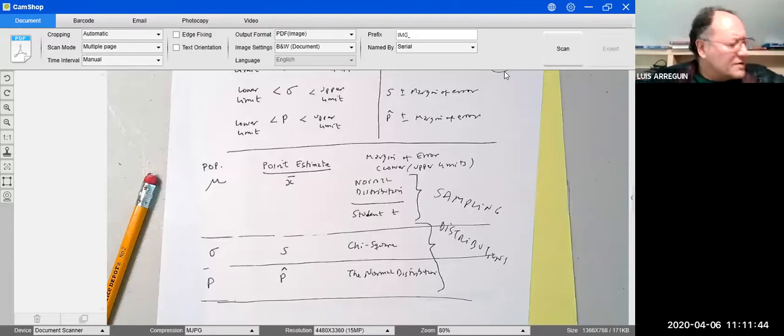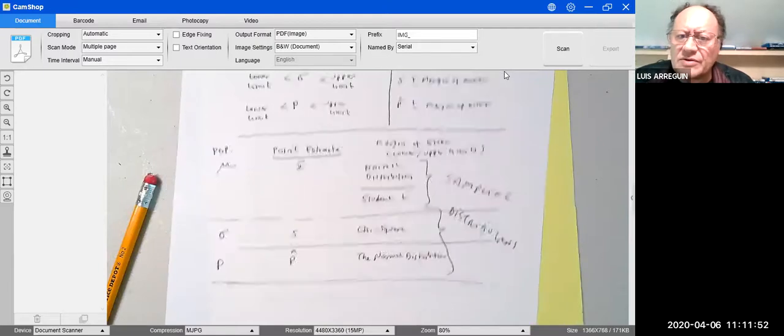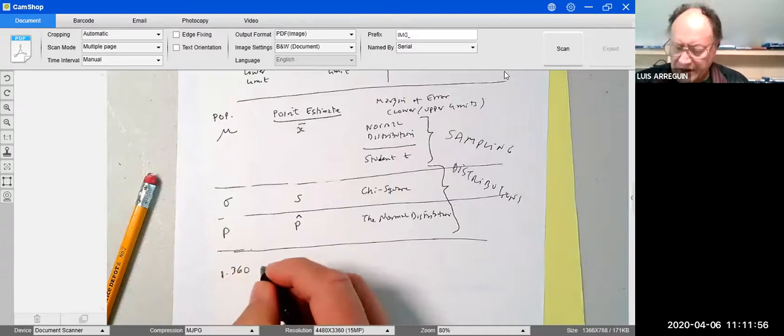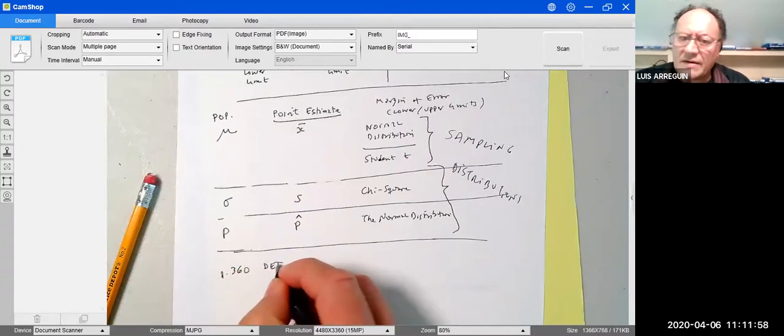So we're going to have some terminology, as I mentioned before. Basically, we're going to start talking about a confidence interval. Let me write the definitions. On page 360, we have the following definitions.